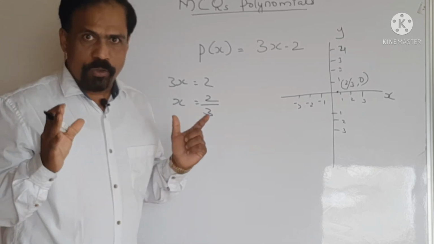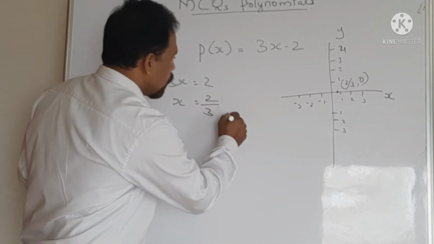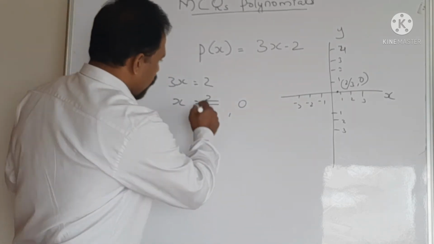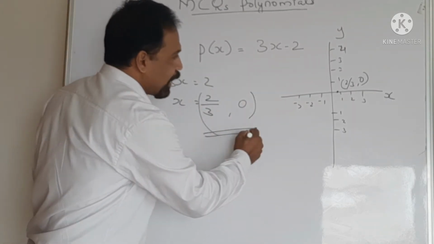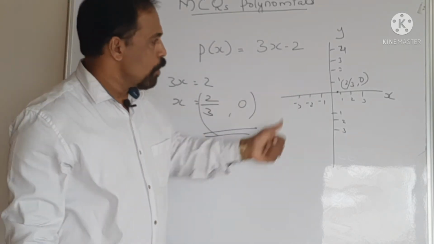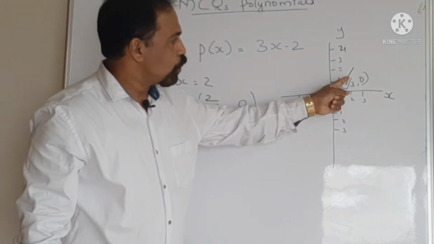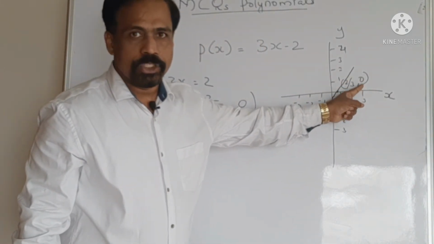So we got the value of x, 2 by 3. What will be the value of y? Y will be 0. So the point will be 2 by 3 and 0. Now we know that 3x minus 2 is a straight line, so it will cut the x-axis at 2 by 3 and 0.